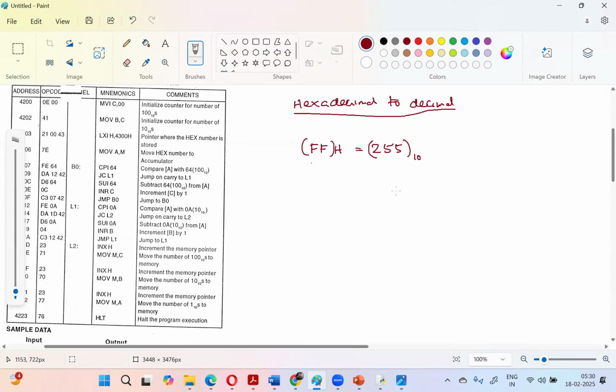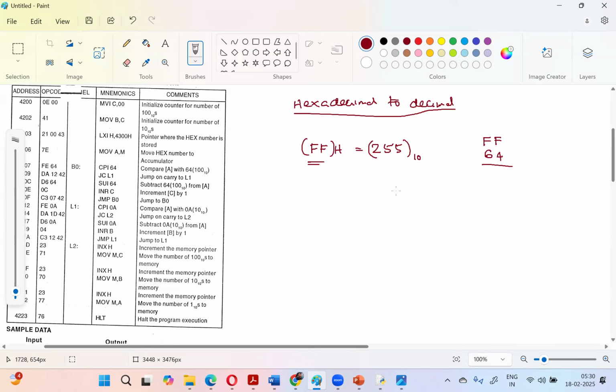Now, how do you convert that in assembly language programming? In that FF, first you have to check whether it is greater than 64. If it is, then you subtract one time.